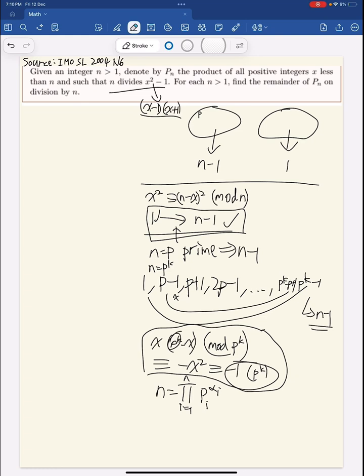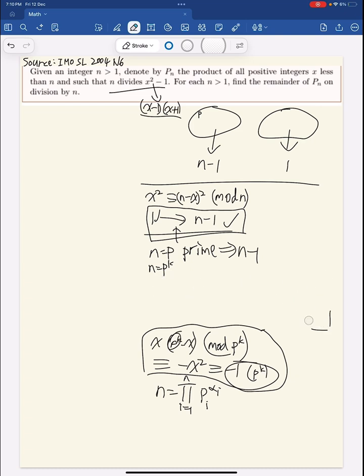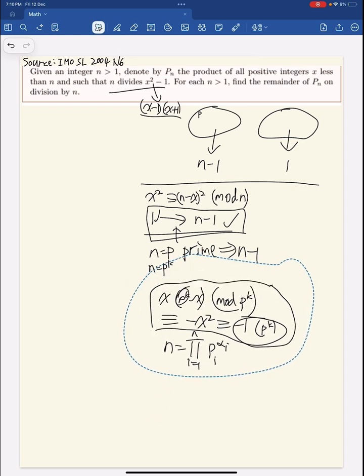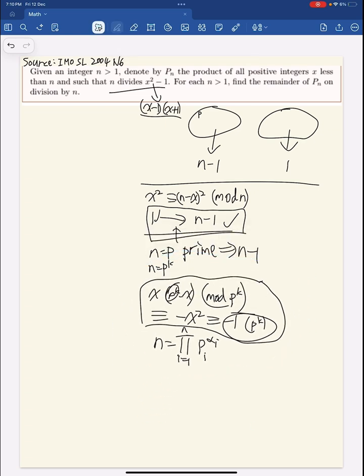I'll put this a bit up here. Next, let's concentrate on the more general case.